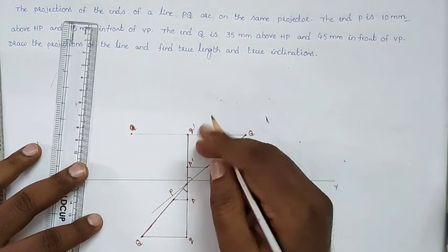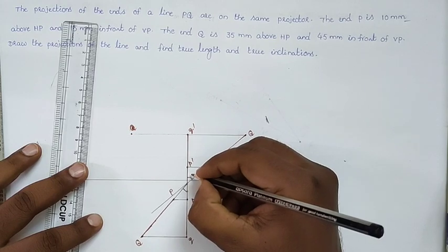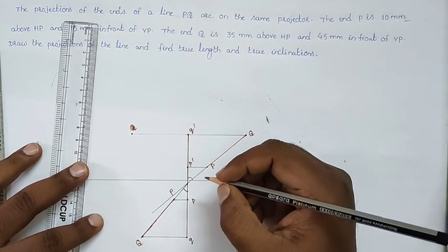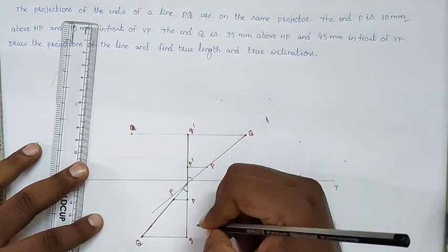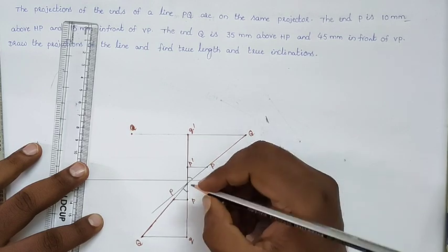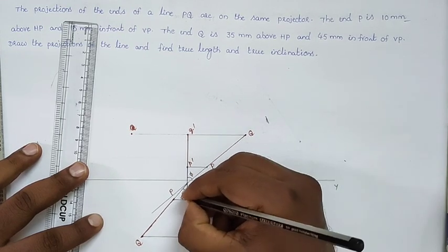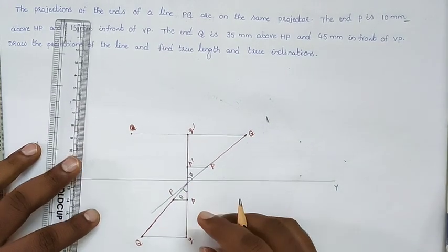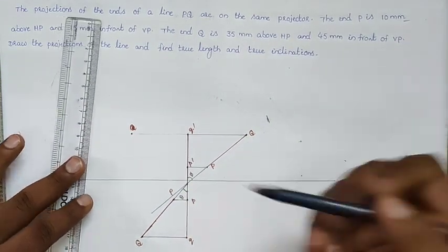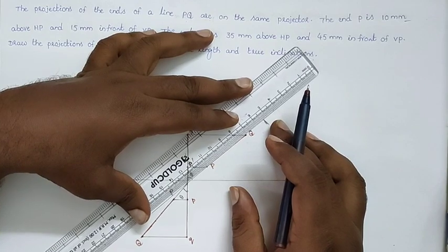So what is this angle? Angle with respect to front view. So this angle should be phi, and this angle should be theta. So you can measure this angle. First of all, I am measuring the true length of the line here.